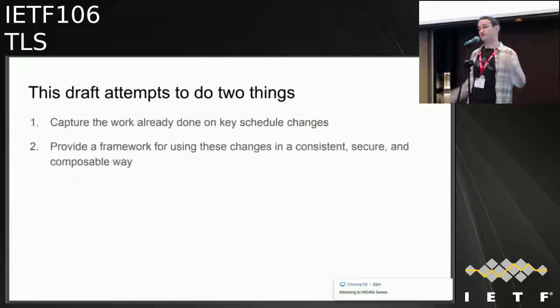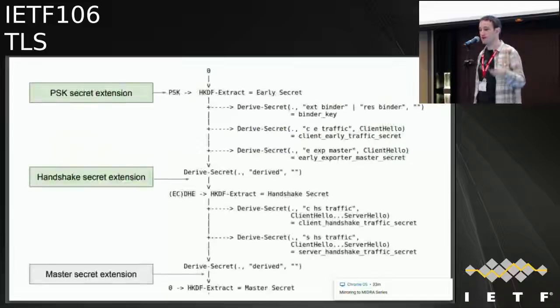So this draft attempts to do two things: capture all of the work already done with key schedule changes, and provide a framework that lets us use all of these key schedule changes in a consistent, secure, and, most importantly, composable way. So this is the TLS key schedule, truncated at master secret.